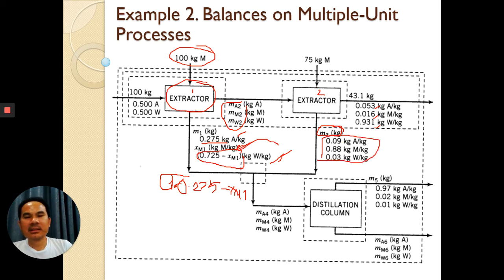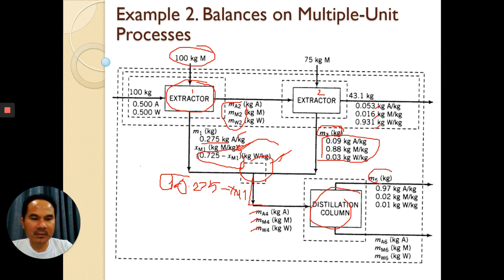M1 and M2 mix together at this point, and the output from the mix is MA4, MM4, MW4. We don't know these masses: mass of acetone, mass of M, and mass of water. Then it is sent to the distillation column.